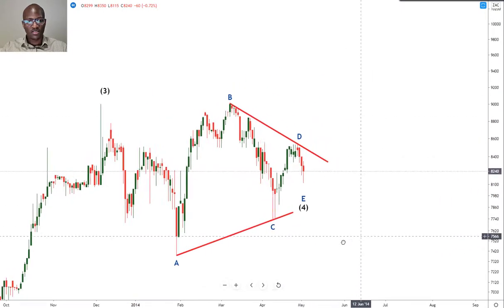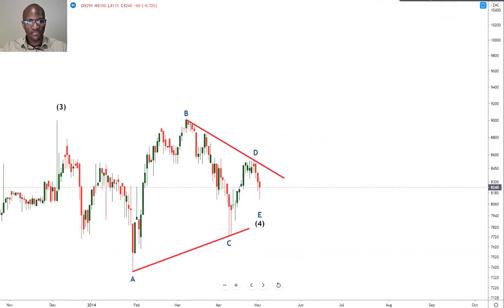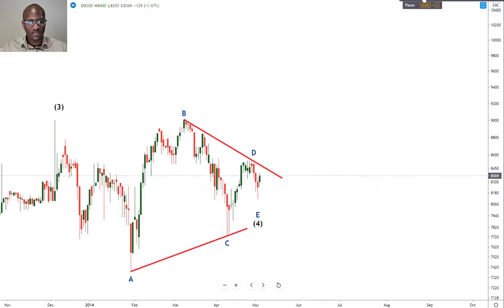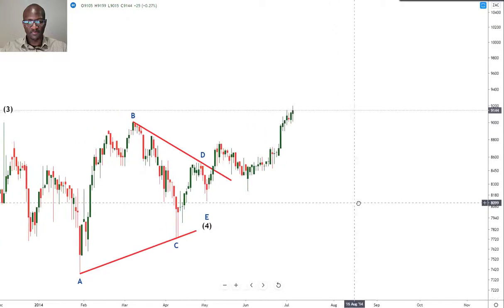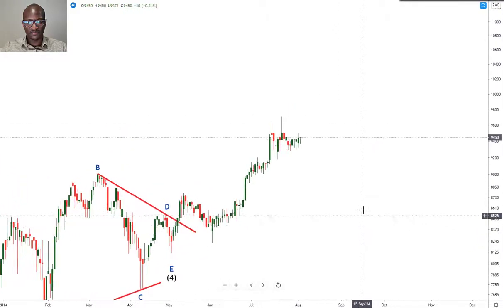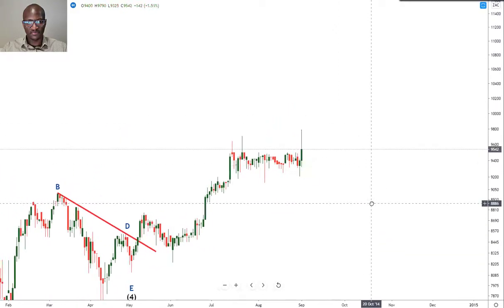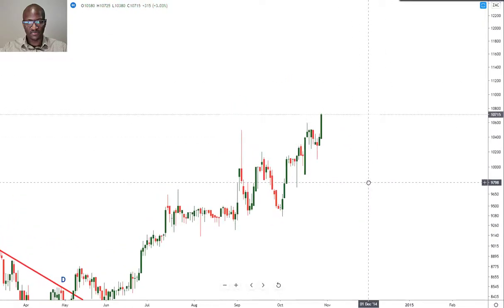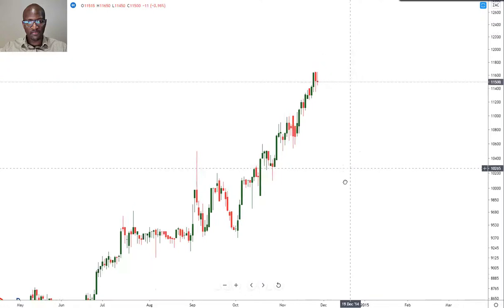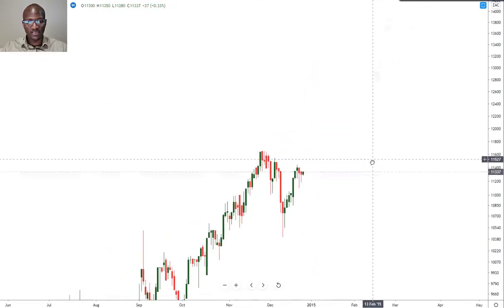Okay, and now let's see how wave 5 unfolded. So we see wave 5 is unfolding aggressively.